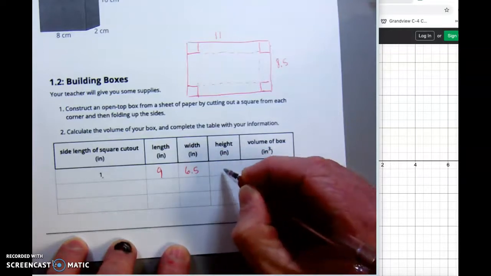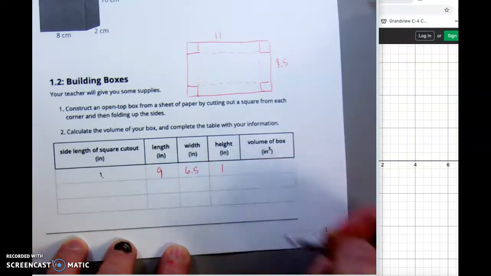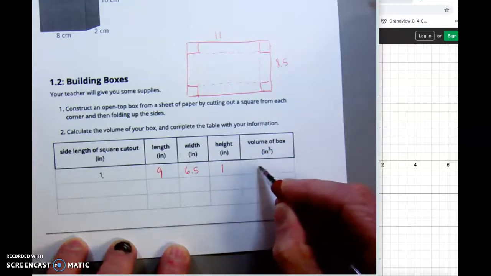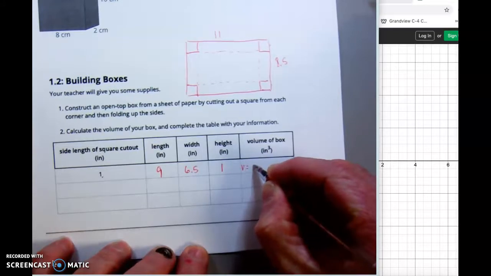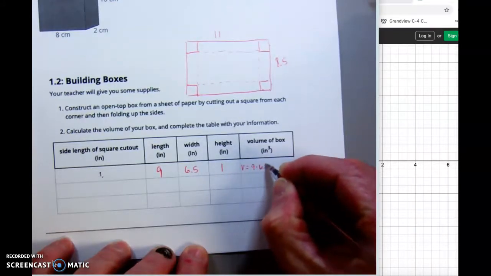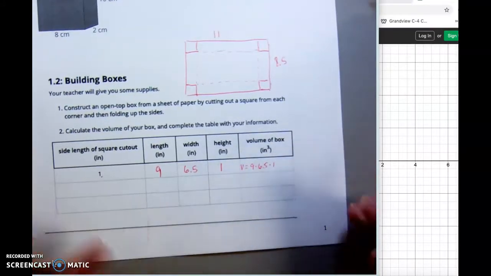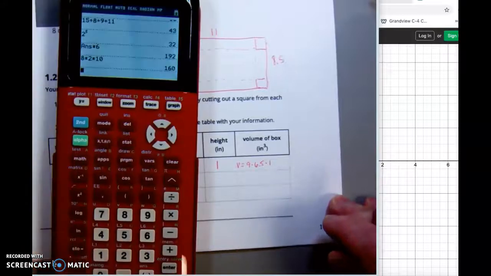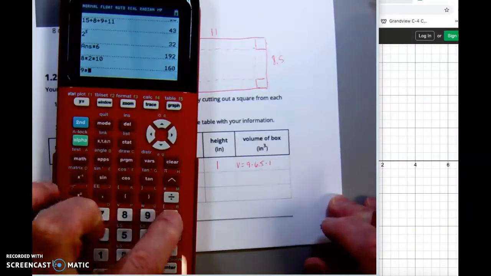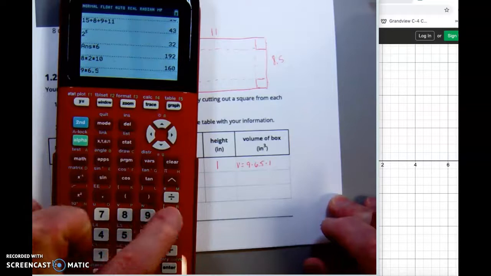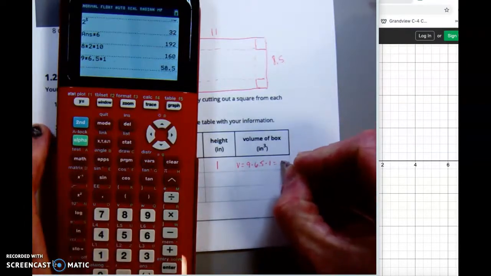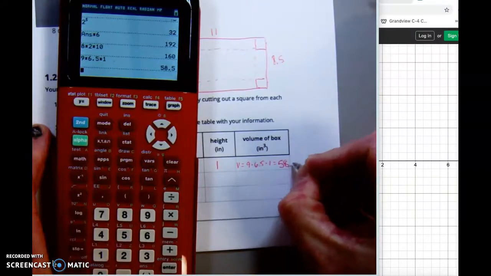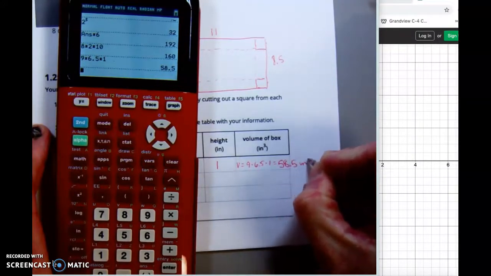And then the height would be 1 inch. So the volume of the box would be 9 times 6.5 times 1. I'll use my calculator again. 58.5 inches cubed.